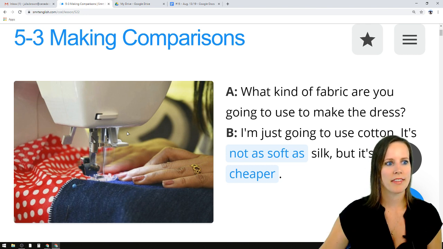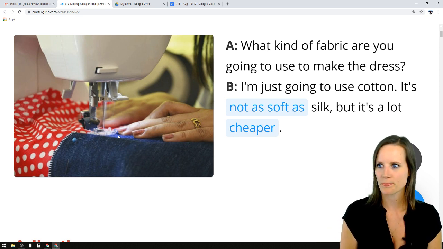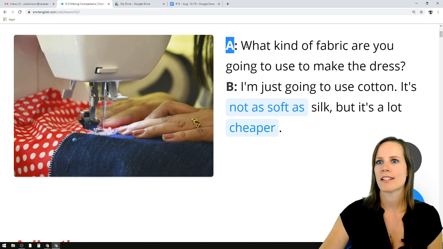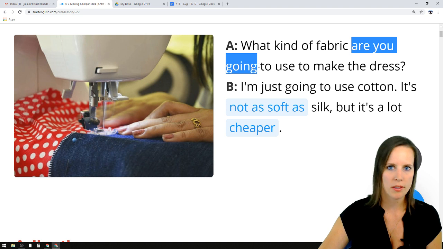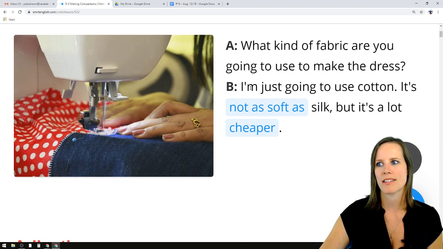Let's take a look at this little dialogue here, and we'll get started with the comparisons. So we have two speakers. Speaker A asks a question: What kind of fabric are you going to use to make the dress? Okay, we've got our future grammar with be going to. And Speaker B answers by saying, I'm just going to use cotton.